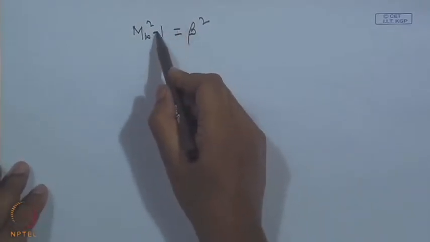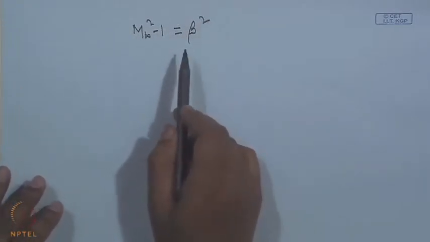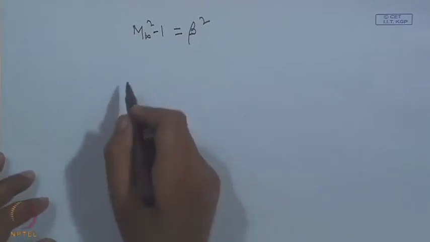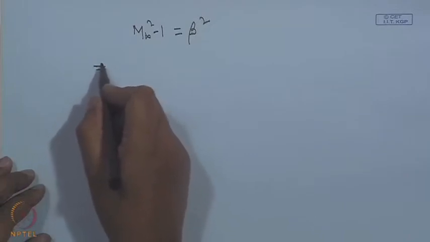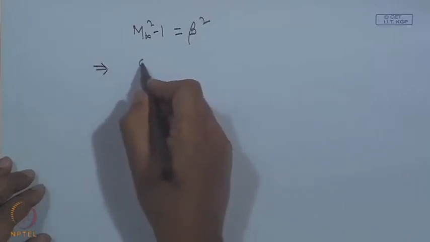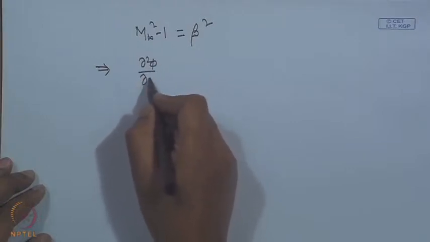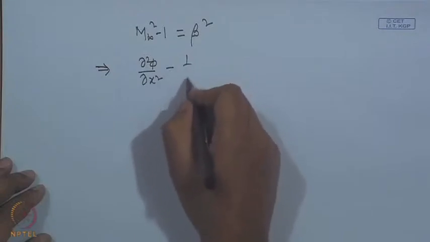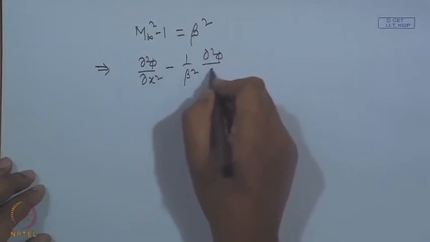In the subsonic case, we considered 1 minus M infinity square to be beta square, but now we take M infinity square minus 1 equal to beta square, and then this equation becomes d 2 phi d x square minus 1 by beta square d 2 phi d y square.